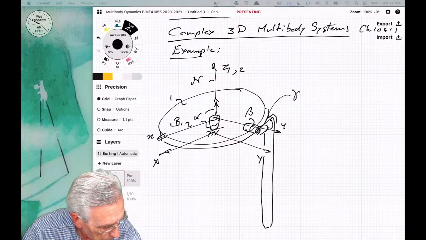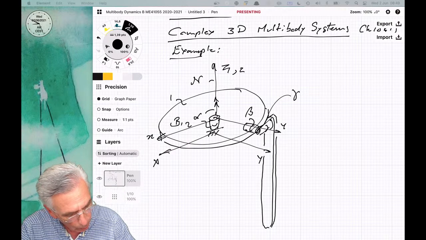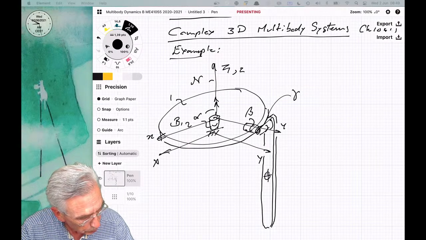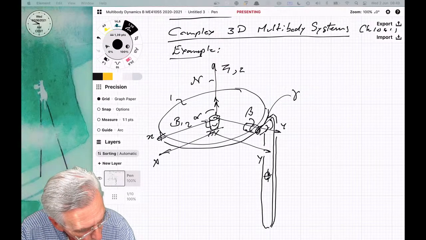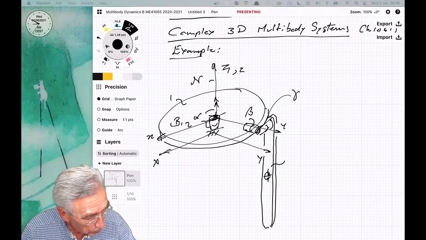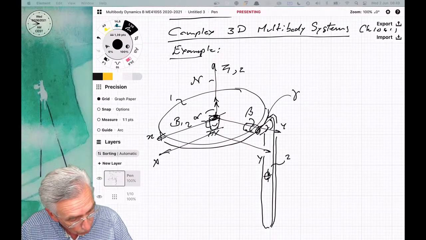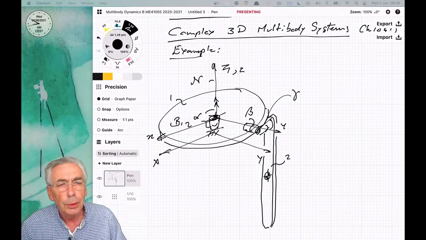So that is a nice pendulum. Of course the pendulum has a center of mass here. By the way, this is of course the center of mass of body 1. This is body 2. At the center of mass, a mass and a mass moment of inertia.